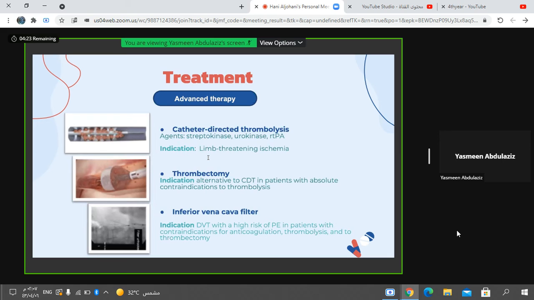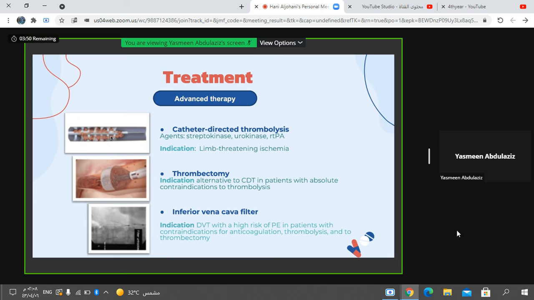Okay, there are some advanced therapies. They are not generally needed except in special situations. One of these is catheter-directed thrombolysis, which is basically insertion of a catheter and injecting thrombolytic agents like streptokinase and plasminogen activator, and that will destroy the thrombus and provide rapid relief of the symptoms.